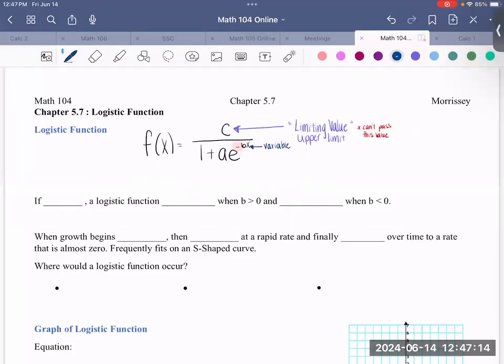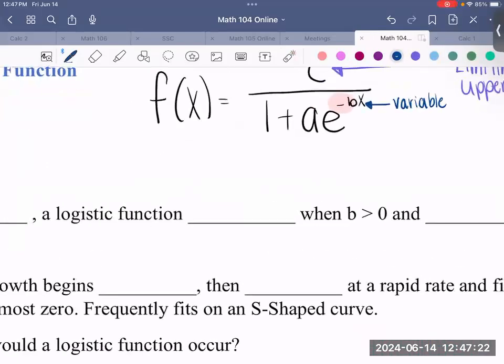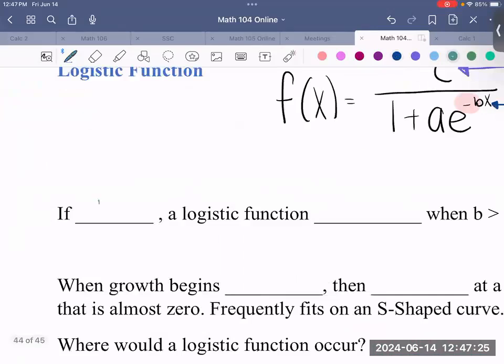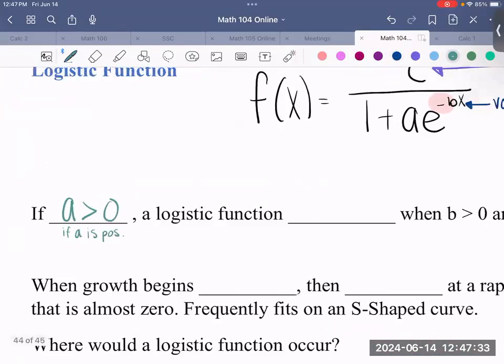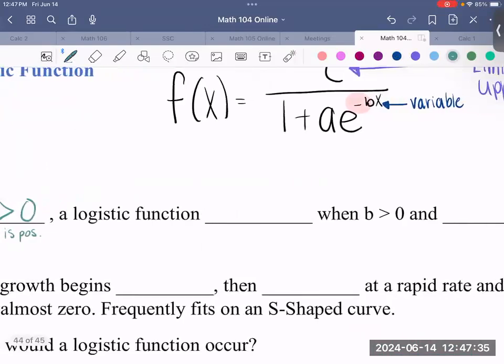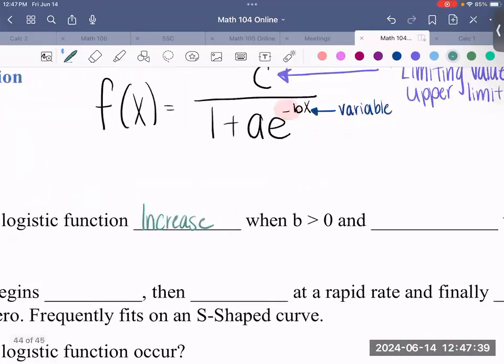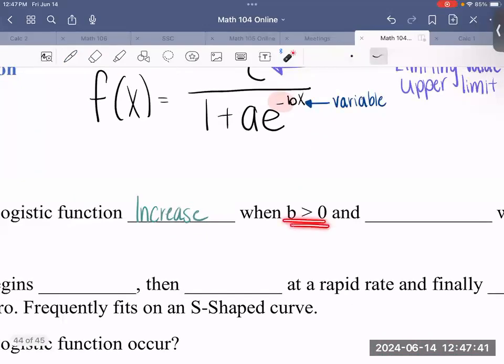Now this particular A here, what we're going to be calling the multiplier, when A is greater than 0, so if A is positive, a logistic function will increase when B is also greater than 0.